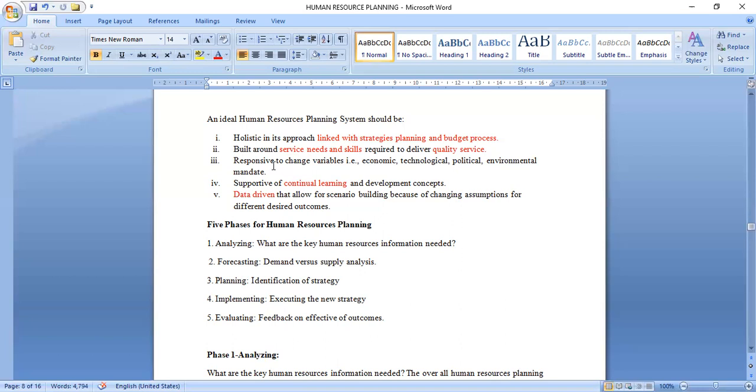They should be flexible to the changing variables, like the changing economic situation, the changing technological factors, the changing political environment. Of course, we've seen the macro factors that affect human resource planning, right?